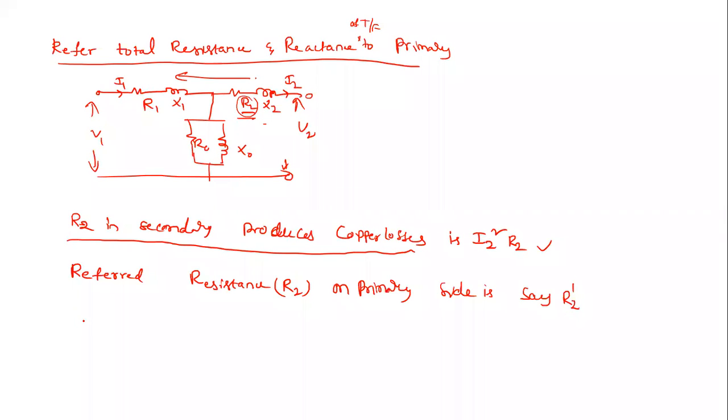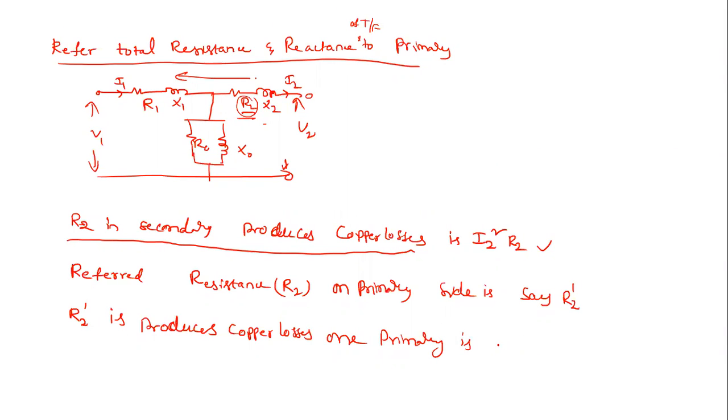This R2 prime also produces copper losses on the primary side.